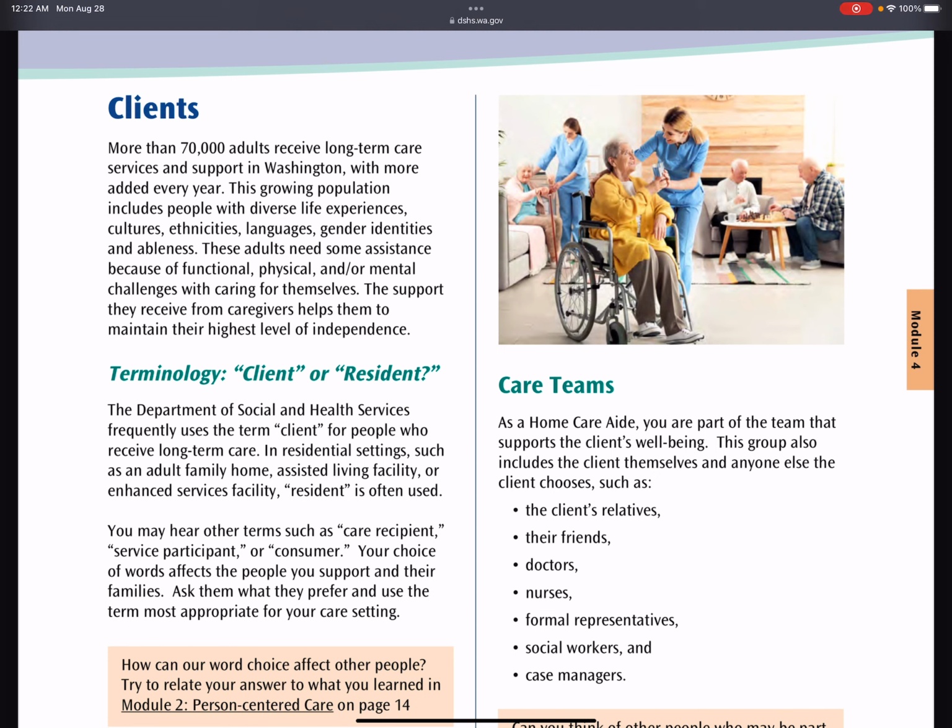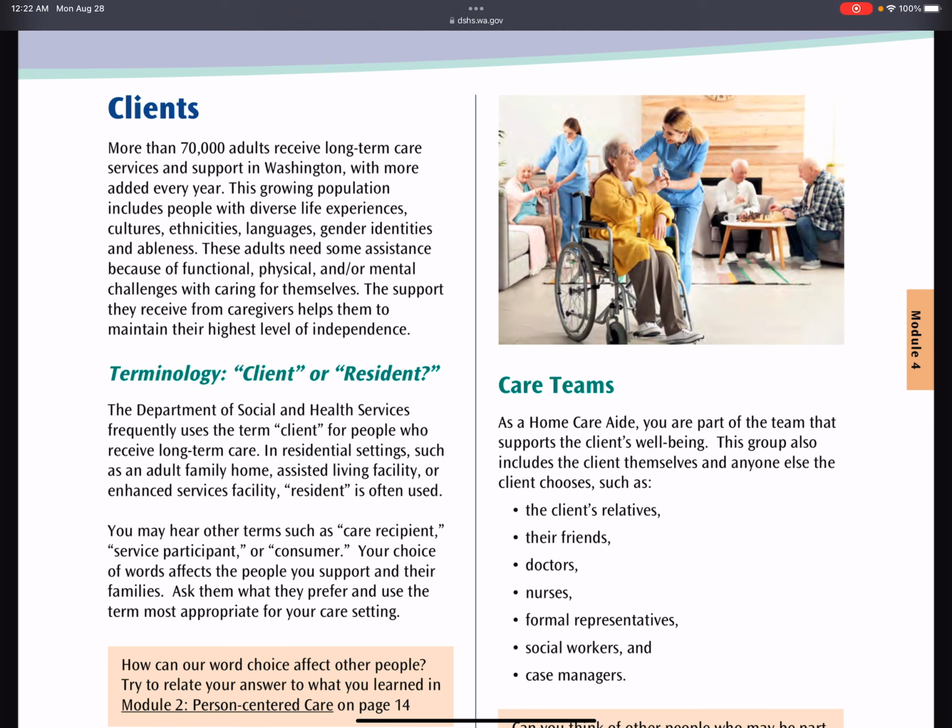In residential settings such as adult family homes, assisted living facilities, or enhanced service facilities, resident is often used. You may hear other terms such as care recipient, service participant, or consumer. These are some words that we need to know before we go through the studying.